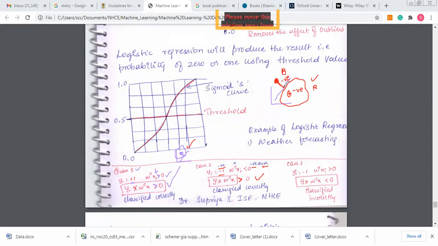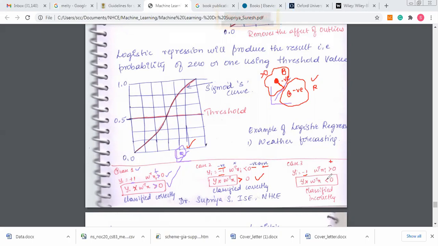Any point lying above the line has W transpose of x greater than 0. So I'm going to take y as -1 because the point is negative. Times W transpose of x, which for any point above the line we consider greater than 0. So it is negative times positive, and I get a negative value.